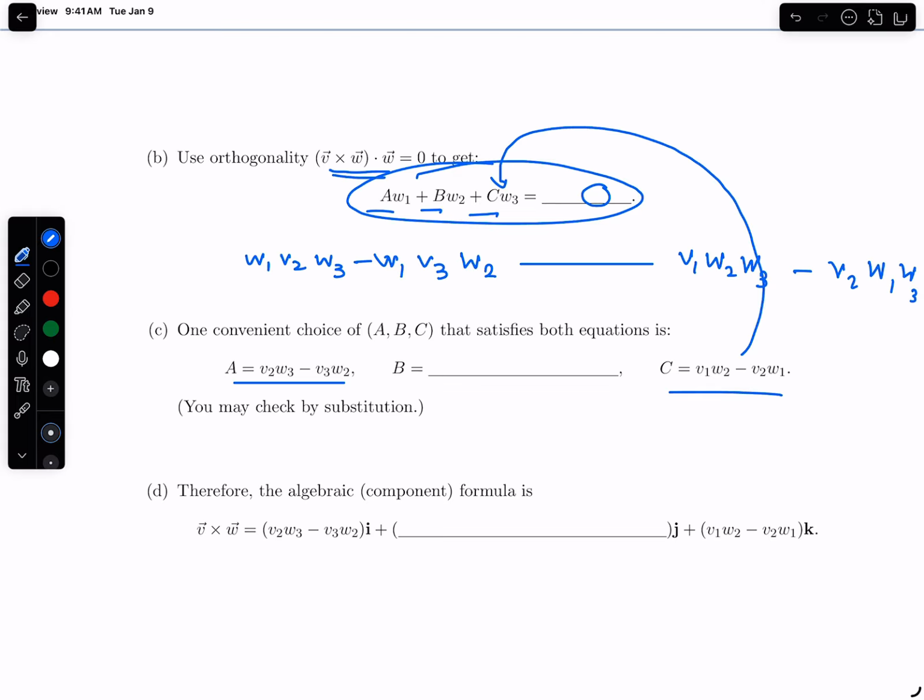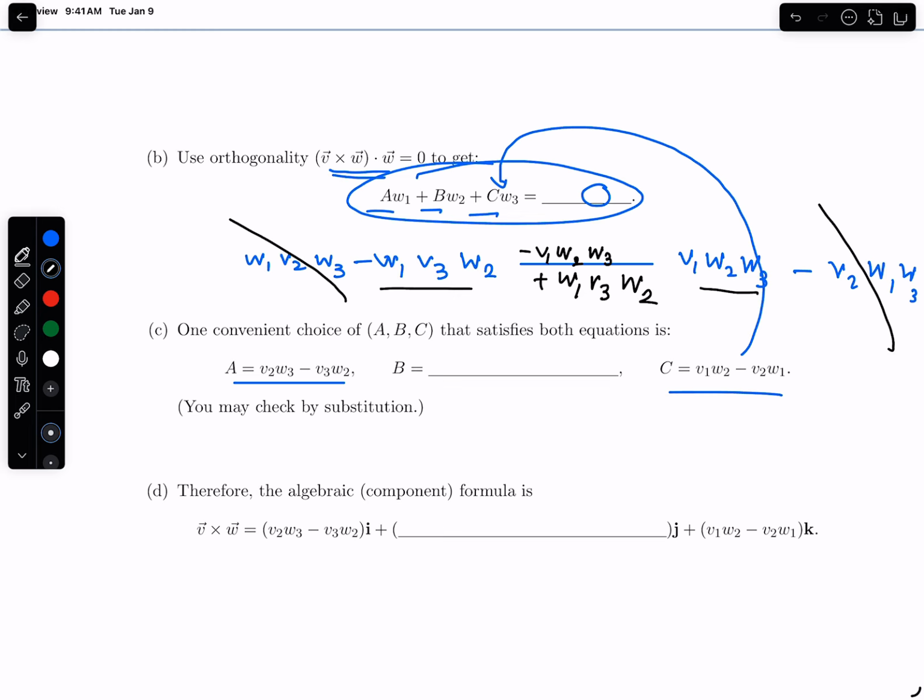Now I need to write something here so that I can cancel out the things. So you can see, like here, this guy cancels this one, and I cannot cancel these two. To cancel these two, I need to have something here, and that thing should be negative V1 W2 W3 and then positive W1 V3 W2.